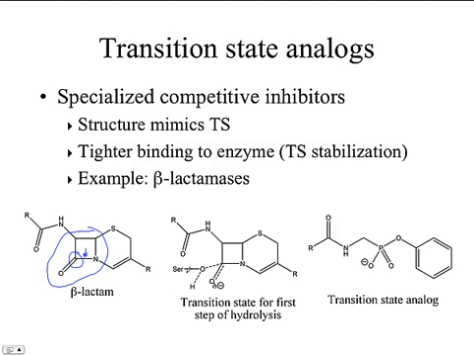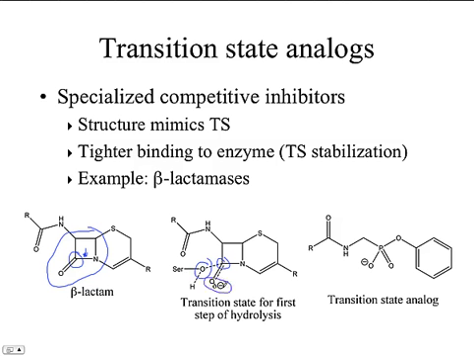Basically what we see is that the serine is going to be attacking the carbonyl carbon here, and you're going to form a tetrahedral intermediate, just like we saw in the mechanism for chymotrypsin. So we would expect the transition state to at least have a partial negative charge on this oxygen here.